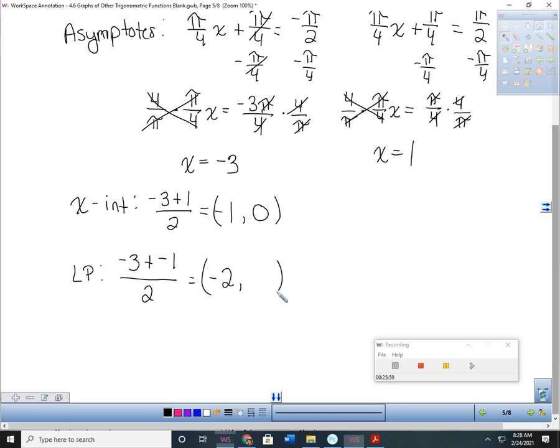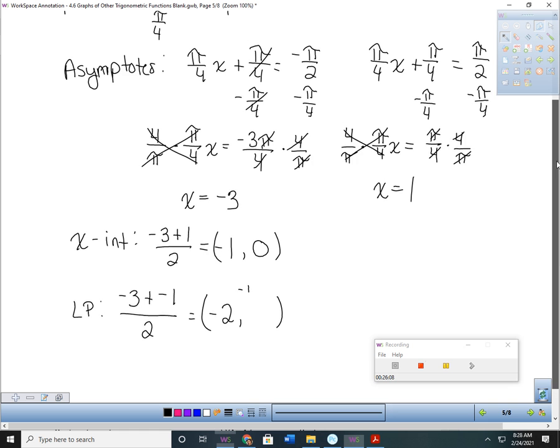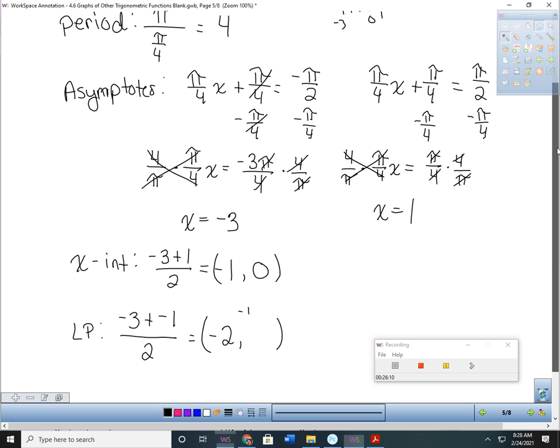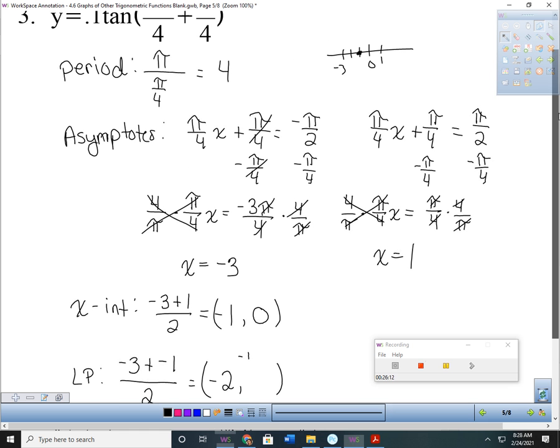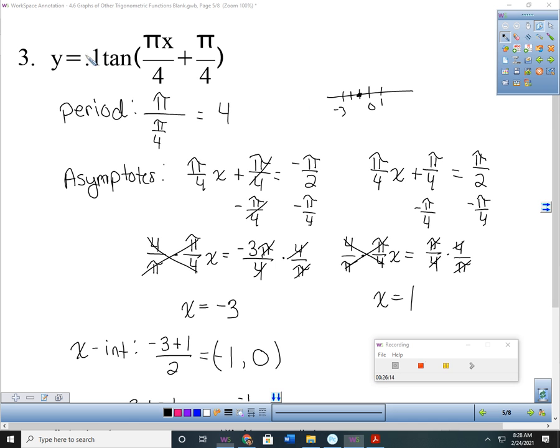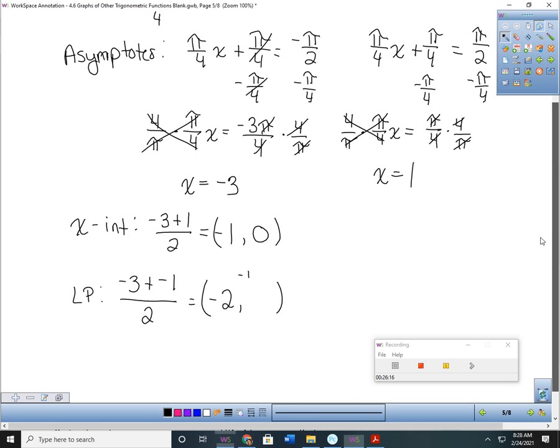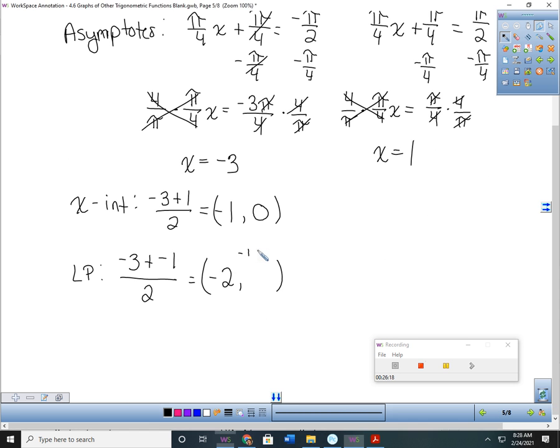Now, normally on the left side, we're at negative 1, correct? Well, I've done a few things, right? I have multiplied by this 0.1. So I'm going to take that and multiply it by 0.1. Negative 1 times 0.1 gives me a negative 0.1.